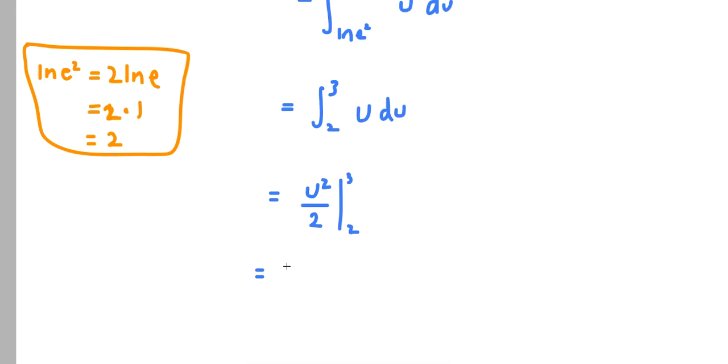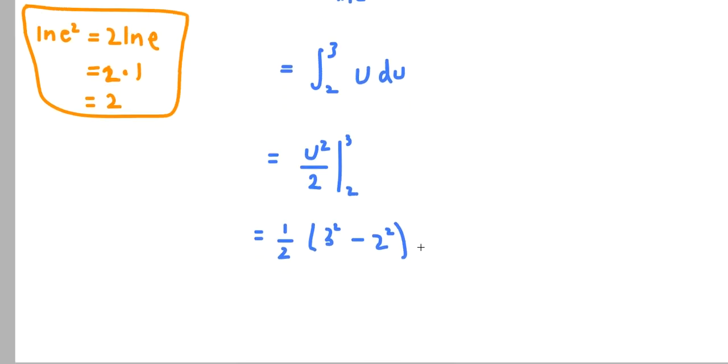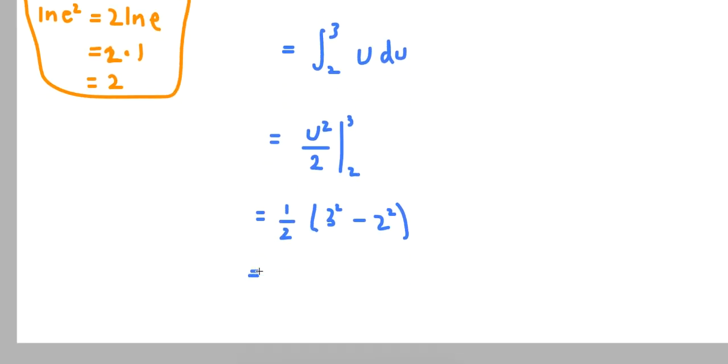So I'm going to pull out that 1/2. And then we'll have our upper limit, 3 squared, minus our lower limit here, 2 squared, and so that's just 1/2 times 9 minus 4.